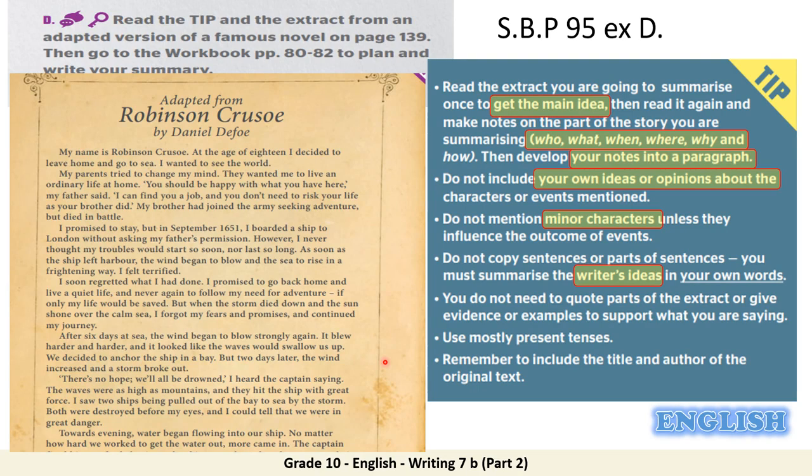You must summarize the writer's ideas using your own words. You do not need to quote parts of the extract or give evidence or examples to support what you are saying. Use mostly present tenses. Remember to include the title and the author of the original text.